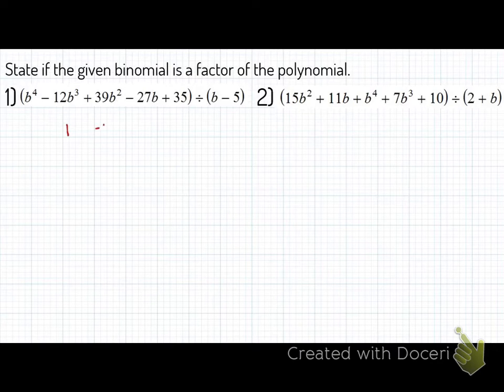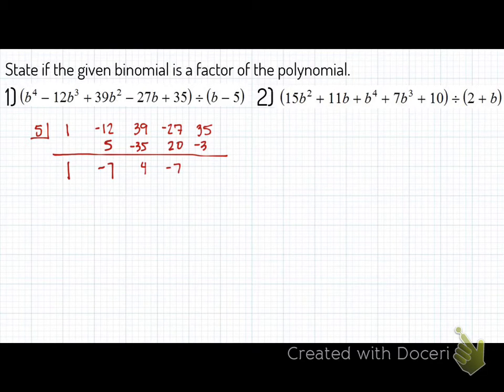I would do my division problem just like I did a few days ago. I know that my a is 5, so I put that there. I'm going to work this out. I'm not going to explain it because I know you all know how to do this. As I work this out, I'm getting all my numbers down, and then hey, look at that, I got a remainder of 0.